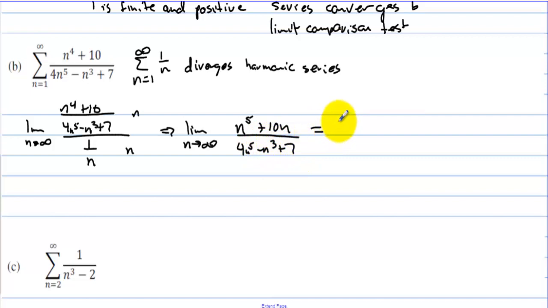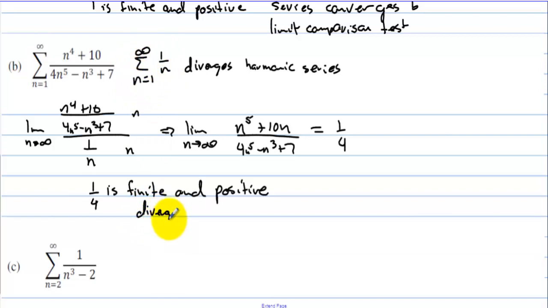And that's equal to 1/4. And we say 1/4 is finite, in other words, a number, and positive. And since what we're comparing it to diverges, we say diverges by limit comparison test.